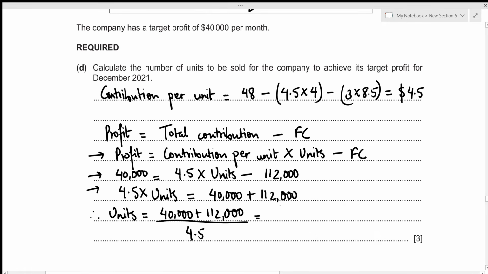This gives the total number of units to be 33,777.78. And since we're talking about the number of units, we require to round it off. So we can just round it off to 33,778 units. So that's the required answer. This completes the fourth part. Let's move on to the fifth one.